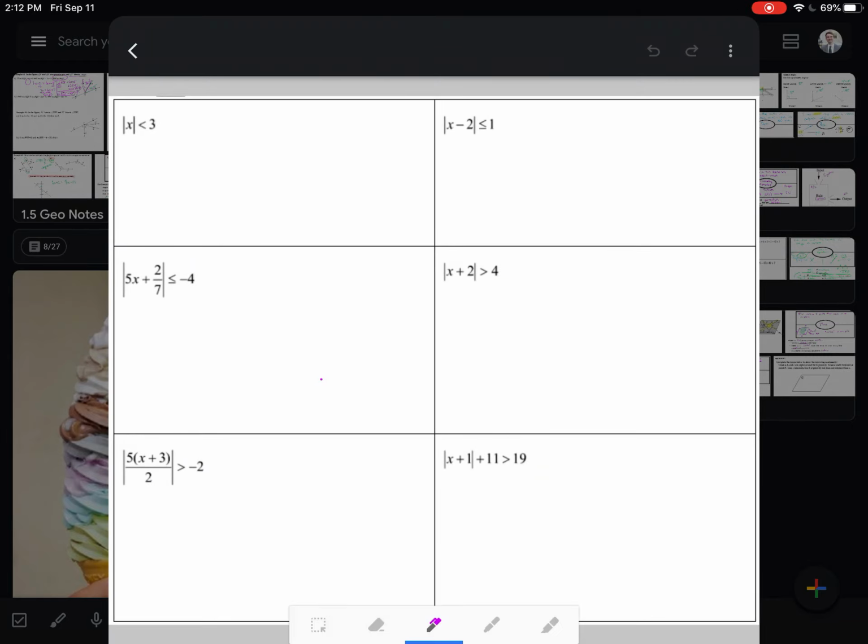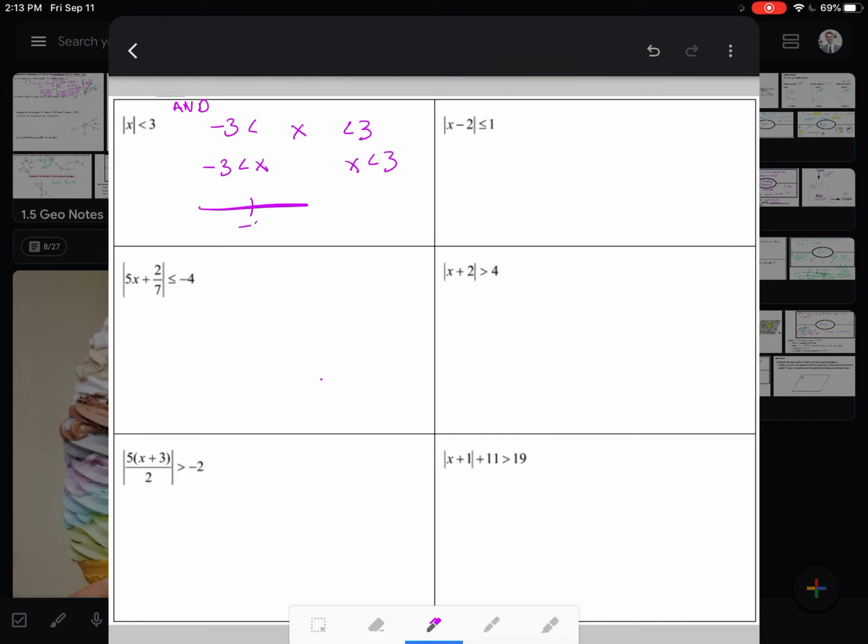So number 1, we have a less than inequality, and because of that, we're using an and inequality, and we're going to use our negative and positive 3 as our constant. Remember, with and inequalities, we just set these up like this. It's an and compound inequality with x in the center. So we have 2 inequalities here, the first of which is x is greater than -3, and the second of which is x is less than positive 3.